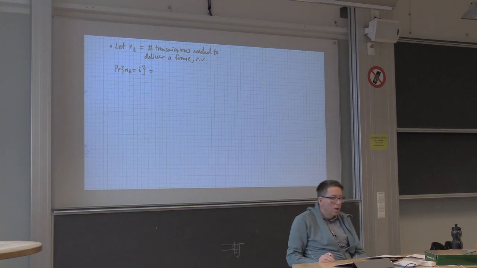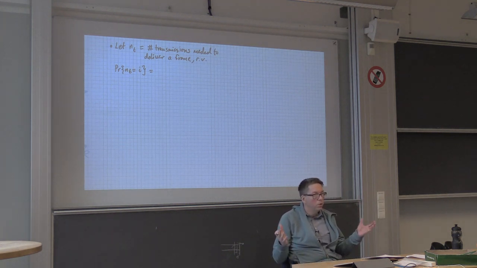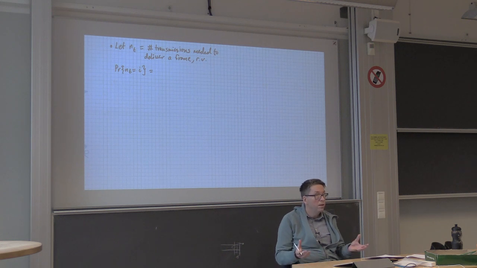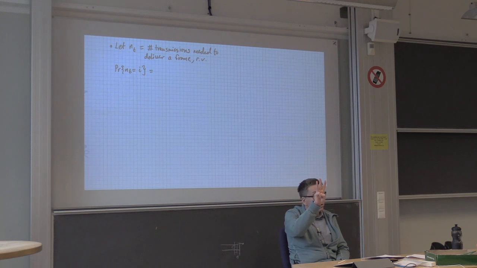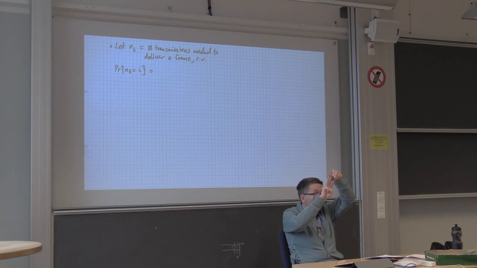Well, if n_t is equal to i, say 3, that means that we have transmitted the same frame 3 times. Okay, 1 lost, 2 lost, third one delivered. Right? So 2 losses and 1 delivered. If it's 4, it's 3 losses and 1 delivered.